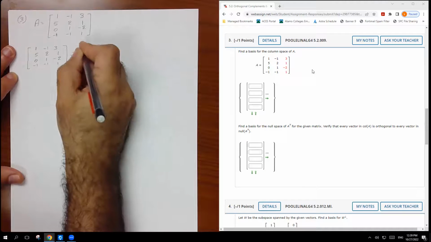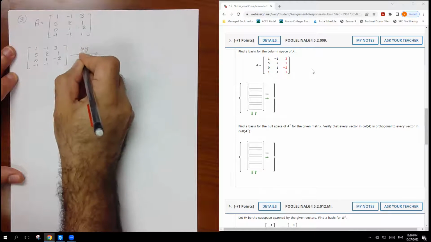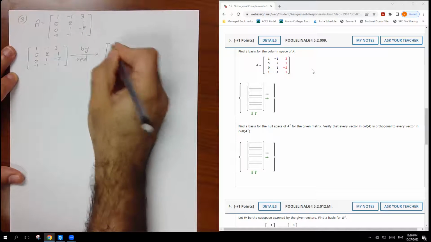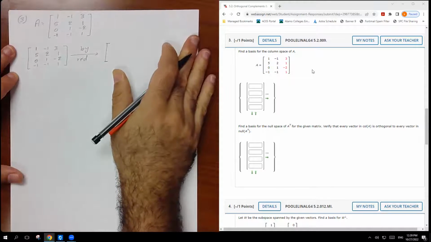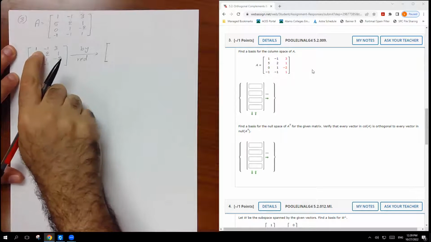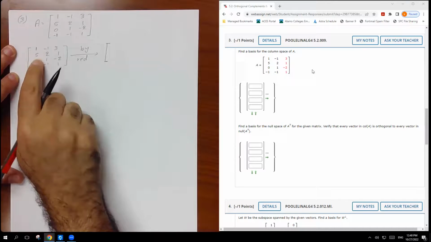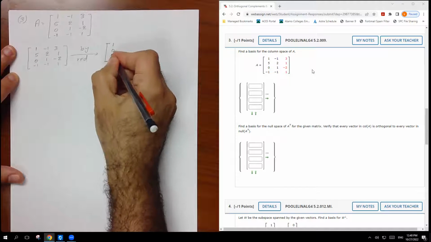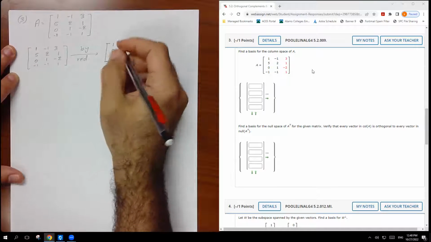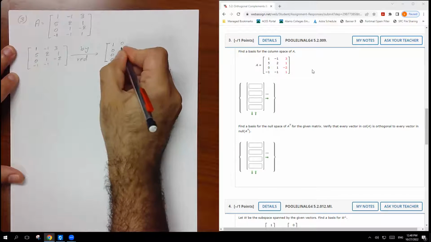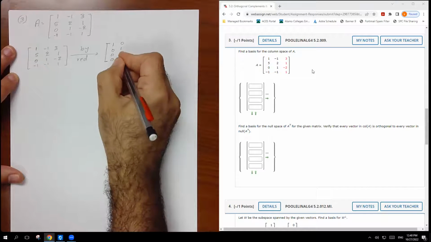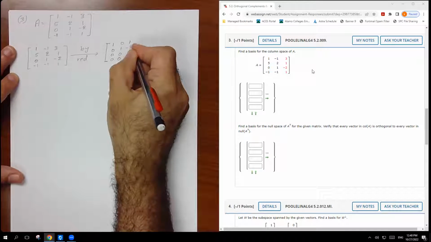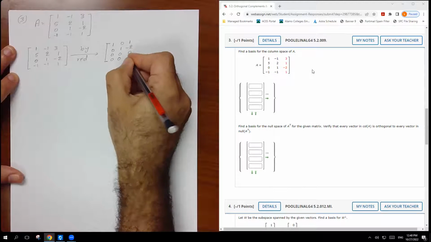By reduction, here's the first leading entry. I'm going to make the entries below it 0, 0, 0. So 1, 0, 0, 0. And the rest is going to be 0, 1, 2 zeros here, 1, -2, 0, 0.